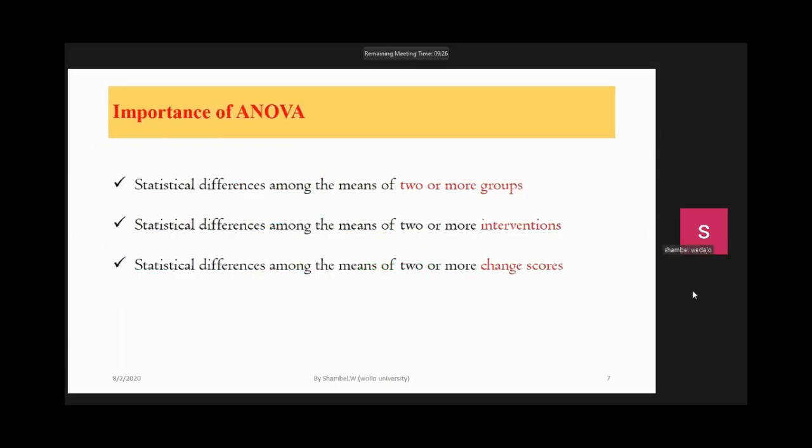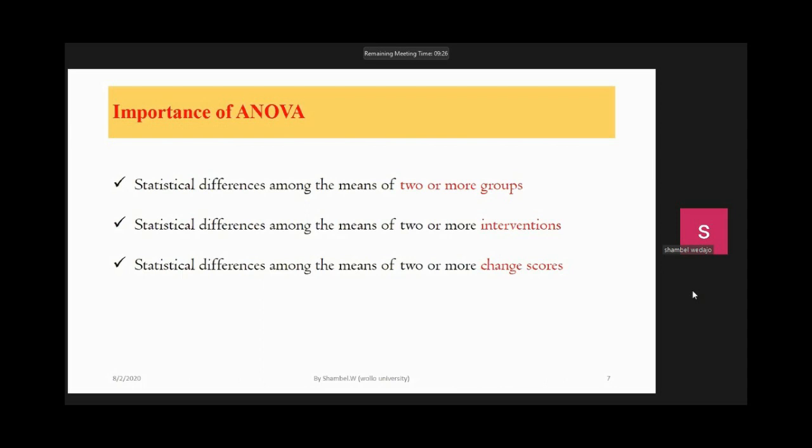So ANOVA has importance. One is the statistical difference among the means of two or more groups: is there a statistical difference among the means of two or more groups? Another is the statistical difference among the means of two or more interventions.